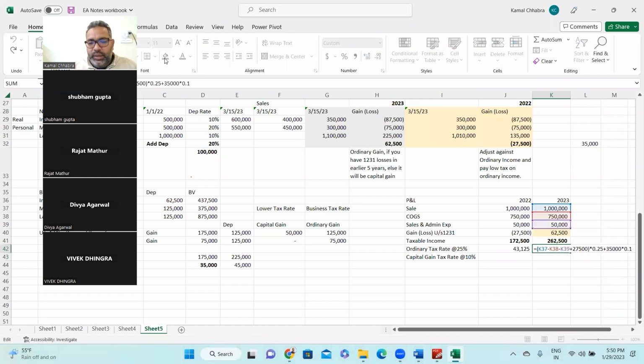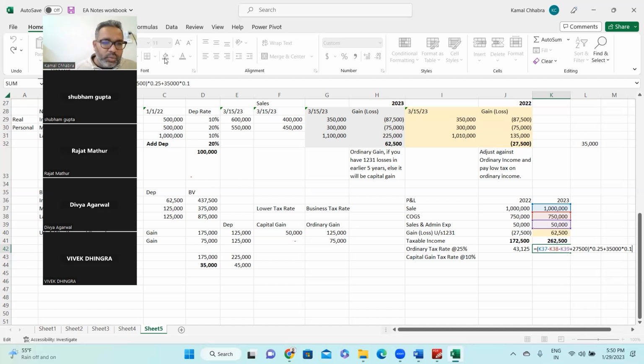You got it? Like how I have calculated. So net profit other than 1231, right? For the 1231 gain, first you need to bifurcate how much will go to ordinary income. 27,500 will go to ordinary income, and that needs to be taxed at 25%. The remaining 35,000 needs to be taxed at the lower rate, which is 10%.